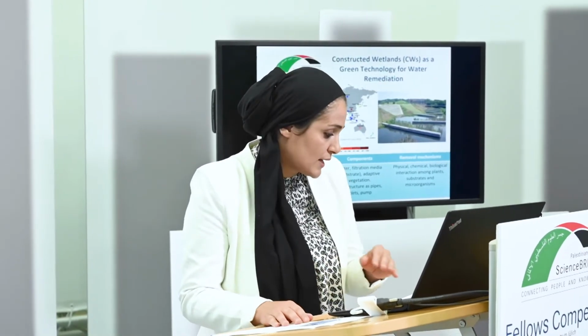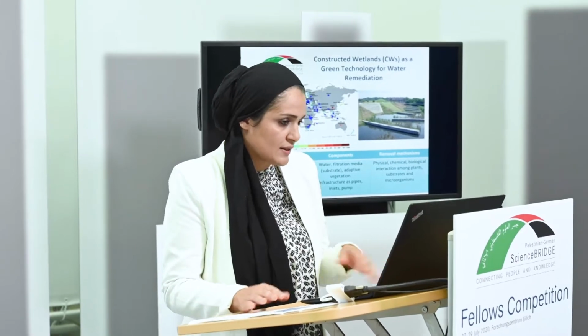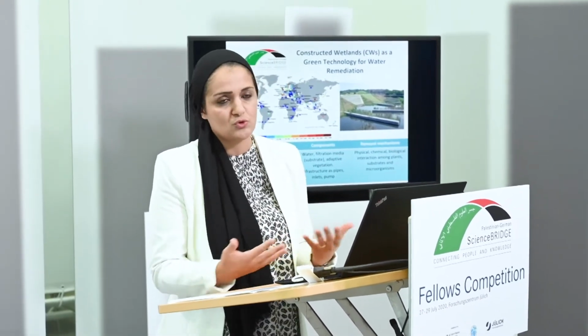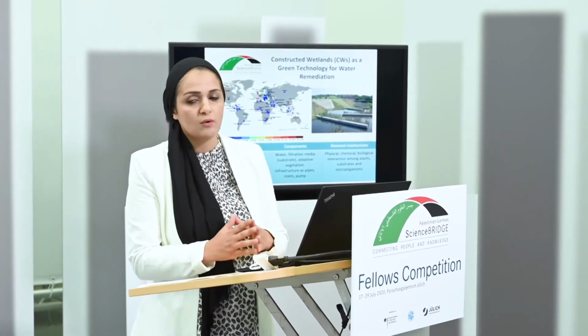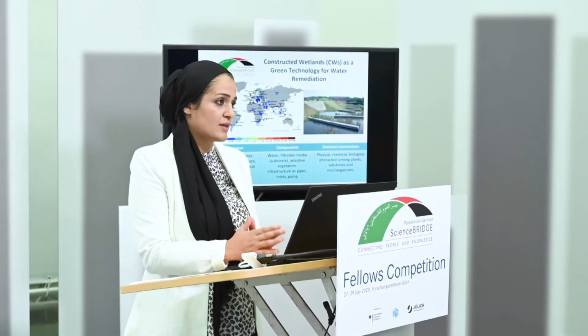It's a green technology for water remediation with almost zero energy consumption. As the name shows, it's constructed by humans, but it simulates the wetlands that already exist in nature.